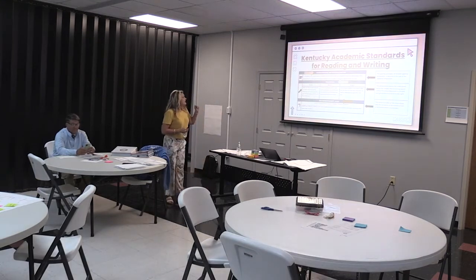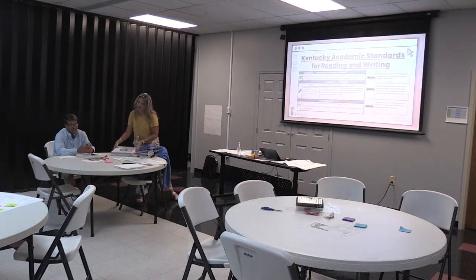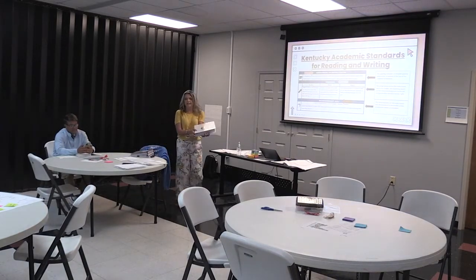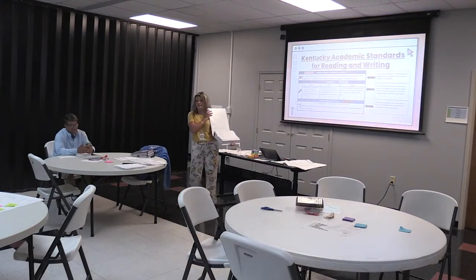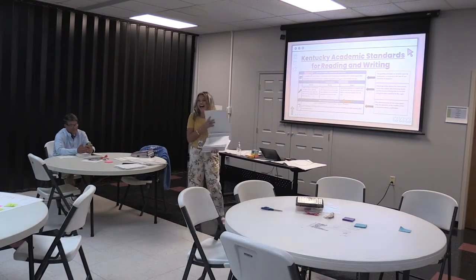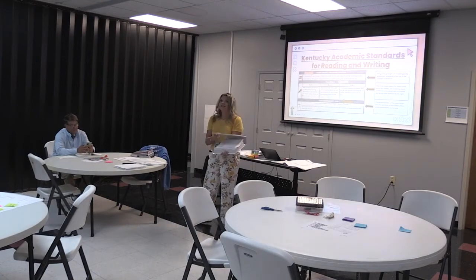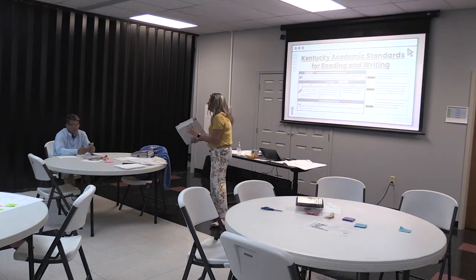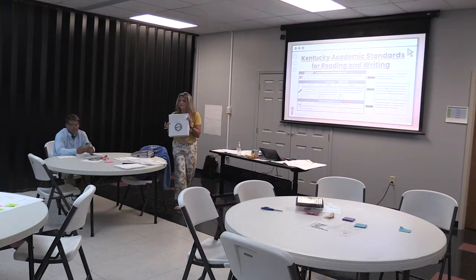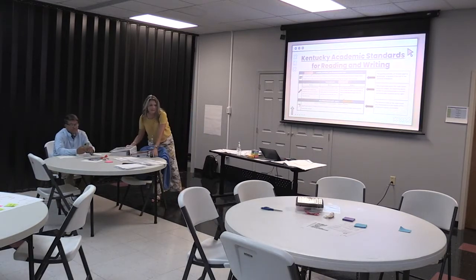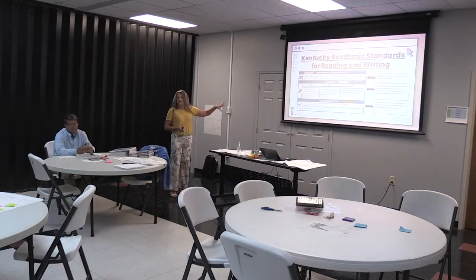At the top, if you print out the whole reading and writing standards, this is them. It's K-12, this is all of them. Obviously, you're not going to have time to do this, but they're all laid out exactly the same.